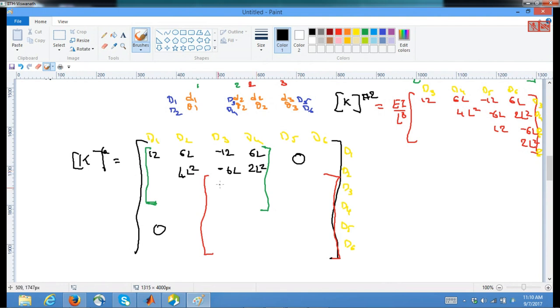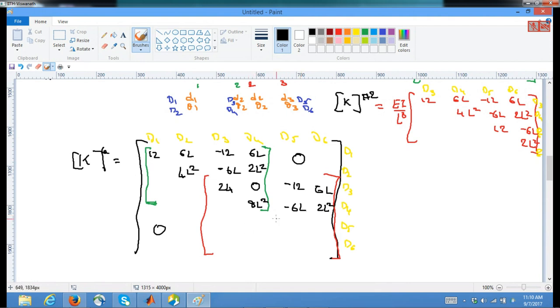This was 24, this was 0, this was 8L square, this was minus 12, plus 6L, this was minus 6L, this 2L square.